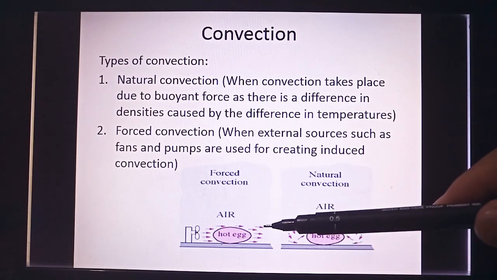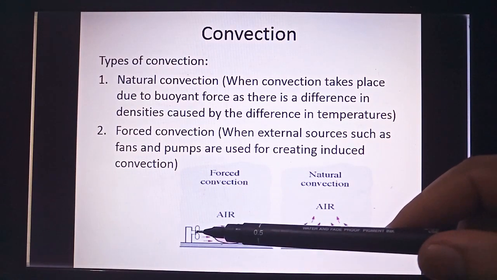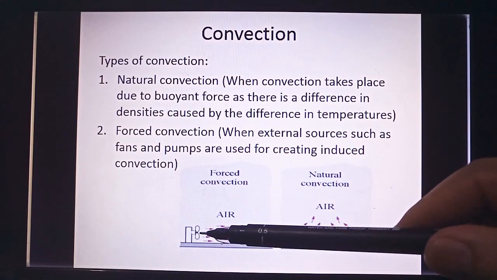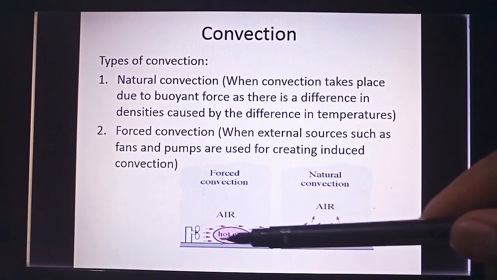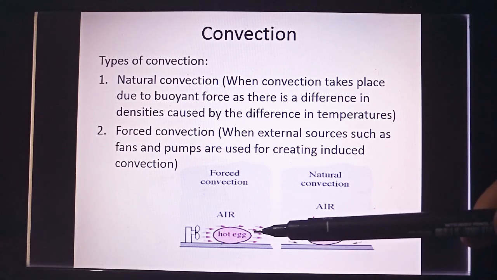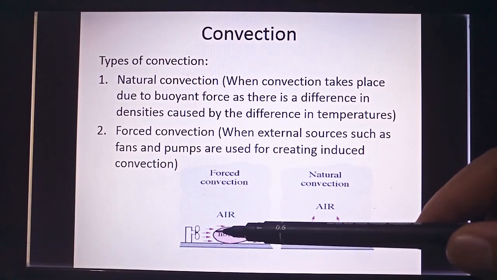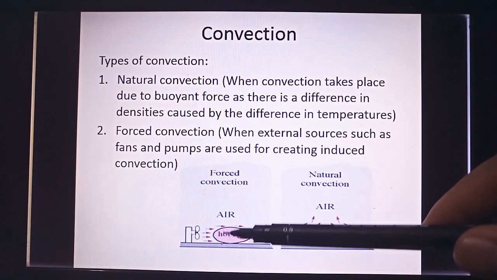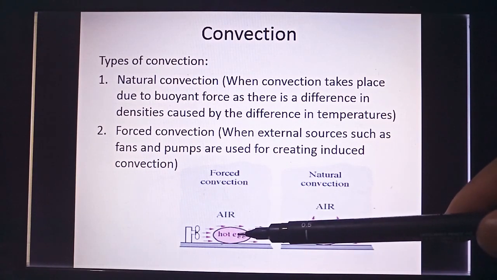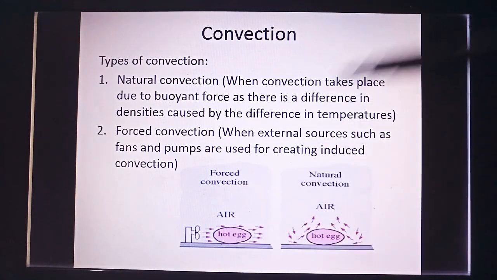In forced convection, we apply, let's say, a fan. We put a fan so that the temperature of this egg will lower as fast as it could because of the fan being applied. So this is what we call forced convection.